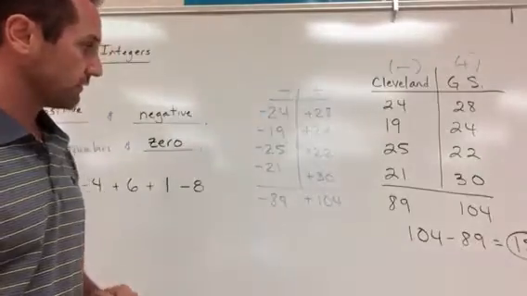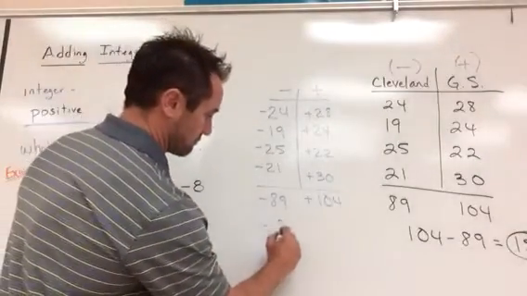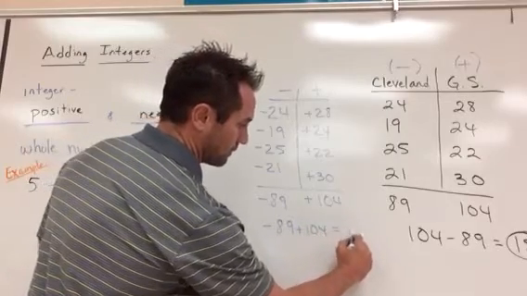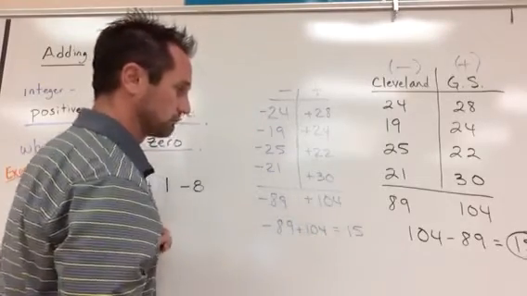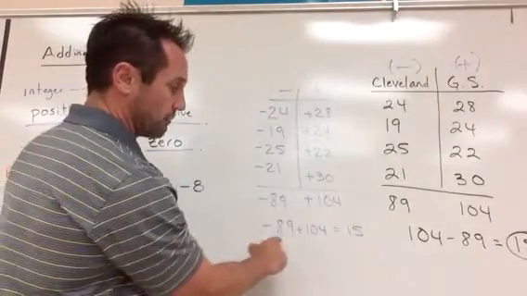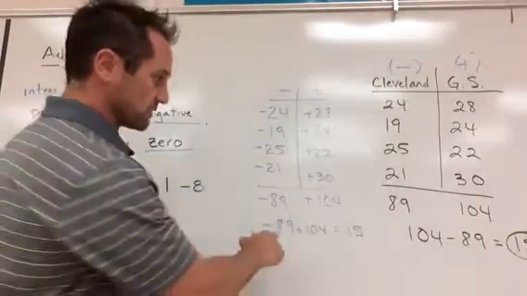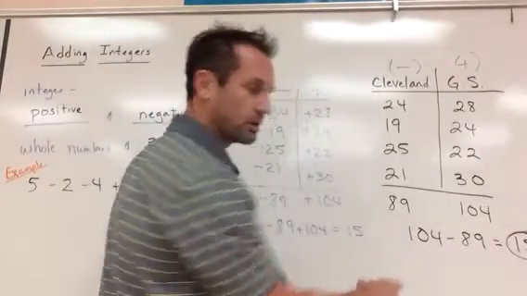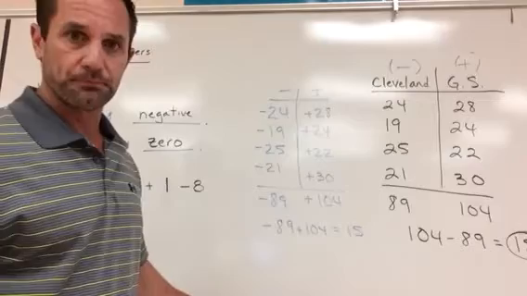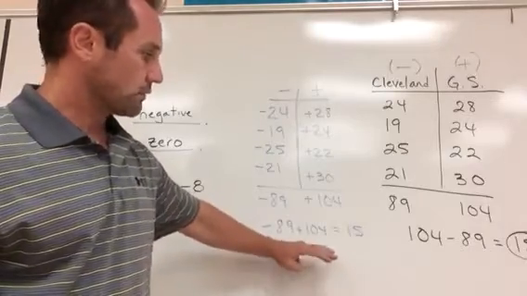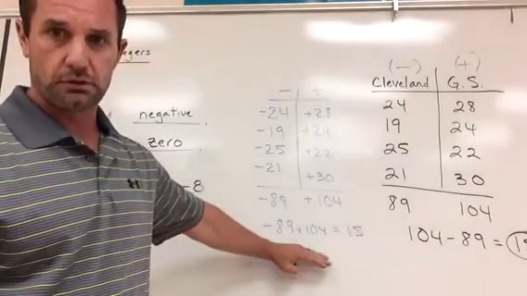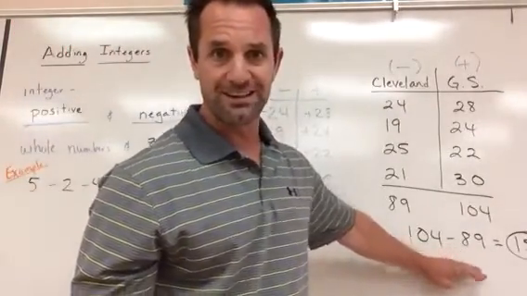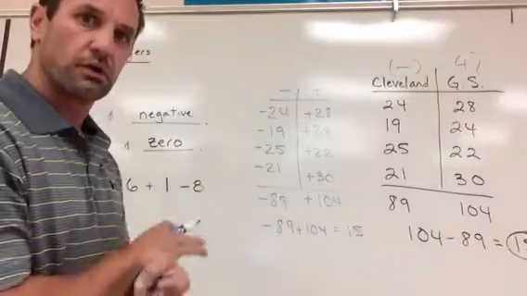So as we look at this, negative 89 plus 104 should equal 15, right? The positives win by 15 points. So this is another way that you could see this expression. They both come out with the same answer, okay? So negative 89 plus 104 and 104 minus 89, same thing, just written a little bit differently.